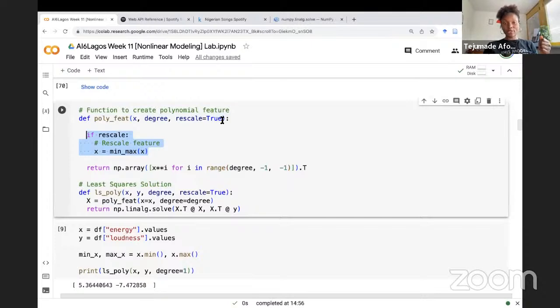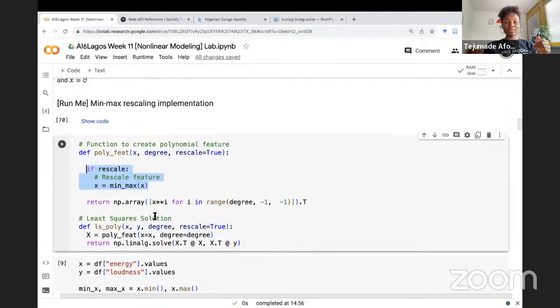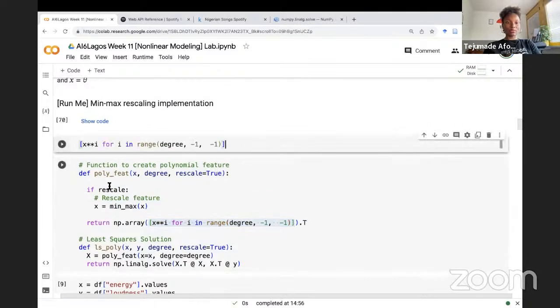If you set this to true, it's true by default, but if you set it to false, then it's going to use X without scaling it. But if it is true, then we will scale it. After scaling it, this just creates that polynomial feature that we've been talking about. So let's bring it here. Let's say we have X that is not scaled yet.